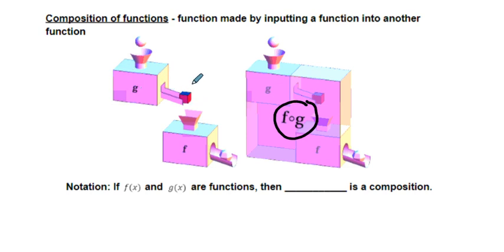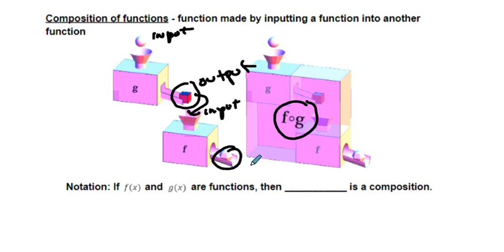That output then becomes the new input for f. If it stopped here, it would remain output, but because we're putting it into something else, it now becomes input, and then it comes out as a new output. The only difference is that this output has been through two functions as opposed to one. It's that kind of backwards engineering thinking that you have to do, and if you do that, you'll be totally fine.